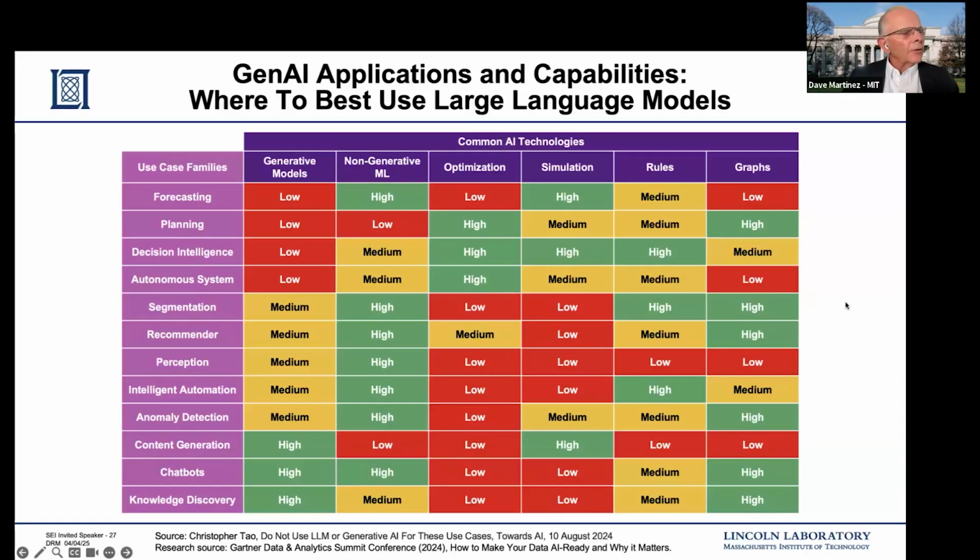I won't spend a lot of time on the chart. I want to make sure I get done on time. But this is a nice depiction of where generative AI works well. Of course, it works well with generating content, chatbots, knowledge discovery.